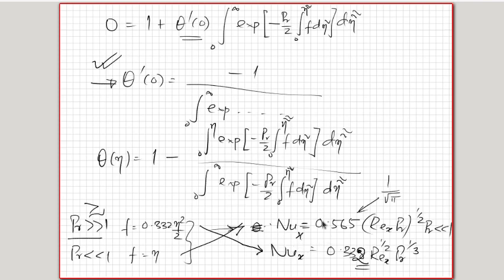Okay. So the next thing that we'll need to write in this is the Nusselt number Hx is something that we know, which is Nux into k by x.